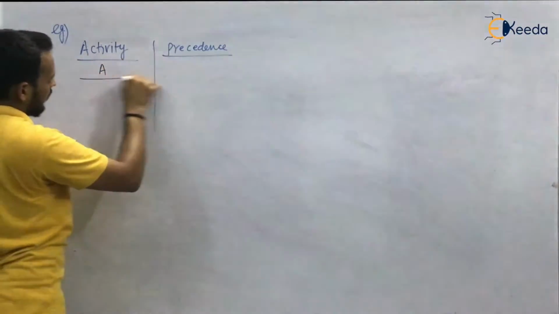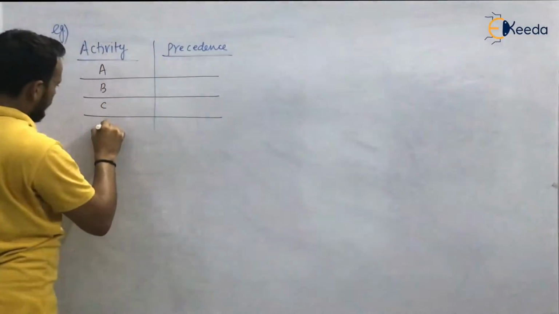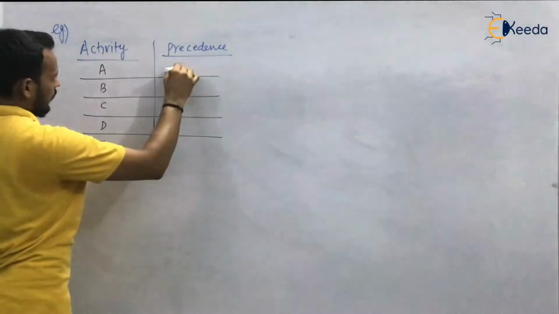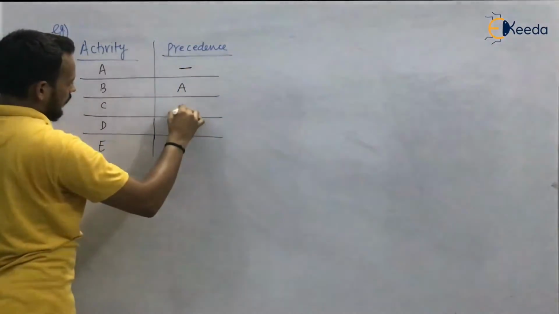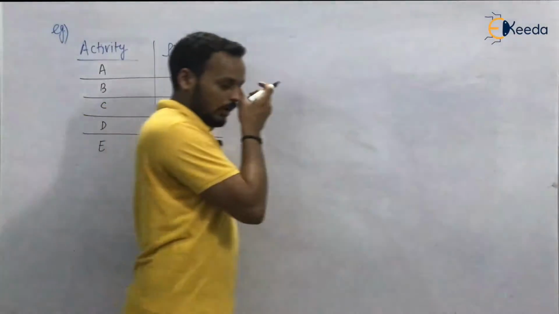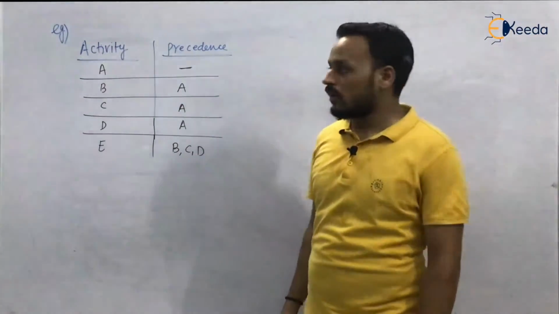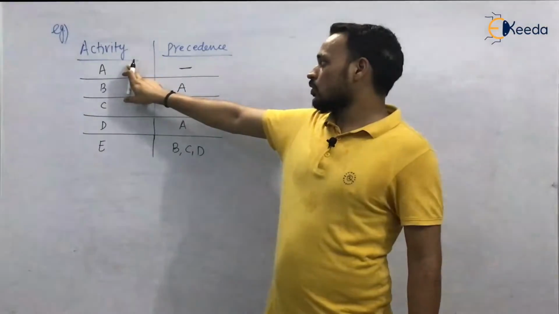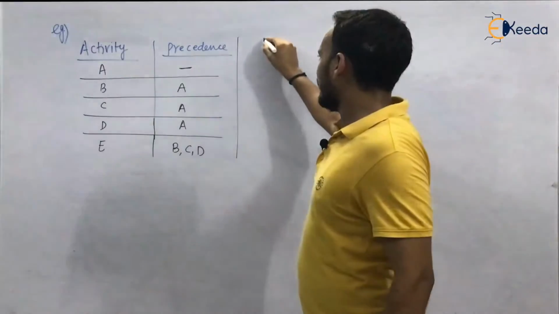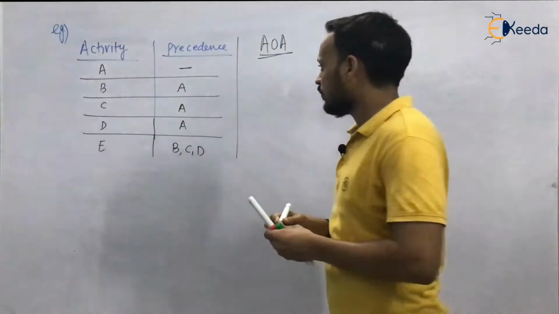The activities are A, B, C, D, and E. The precedence is: A has none, and B, C, D follow. You have to draw a network diagram. Activity and precedence are both given, so we will try to draw it like an AOA diagram, activity on arrow diagram.